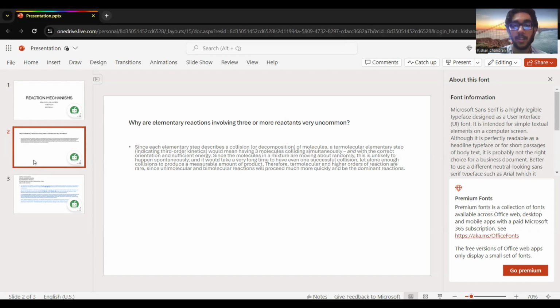Since the molecules in a mixture are moving about randomly, this is unlikely to happen spontaneously, and it would take a very long time to have one successful collision, let alone enough collisions to produce a measurable amount of product. Therefore, termolecular and higher order reactions are rare. Since unimolecular and bimolecular reactions will proceed much more quickly, they are the dominant reactions.